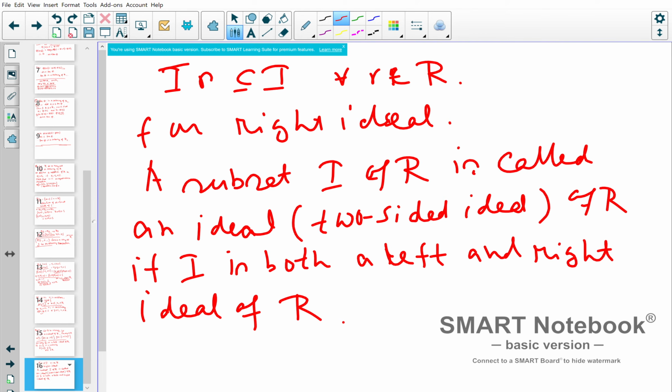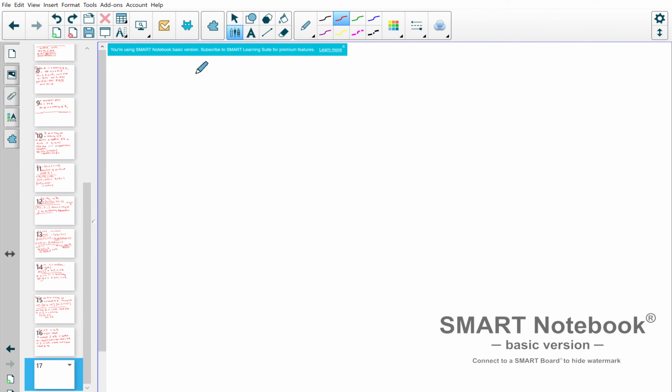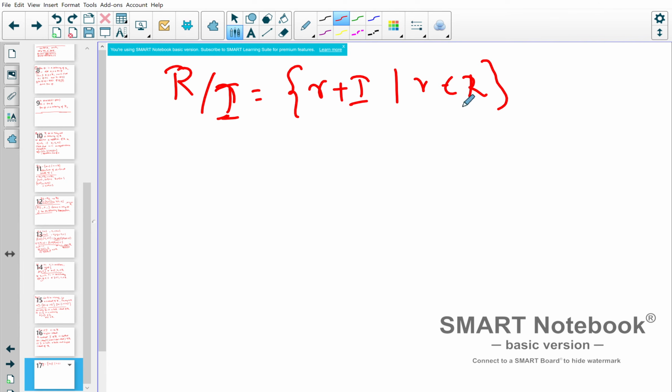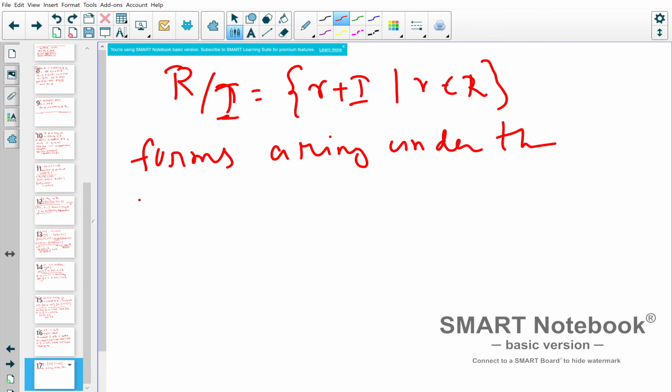And in that case, if you have an ideal I, then you can obviously define those maps. You can define this R mod I. So this is what? This is r plus I, r belongs to R, and this forms a ring under the above two operations.